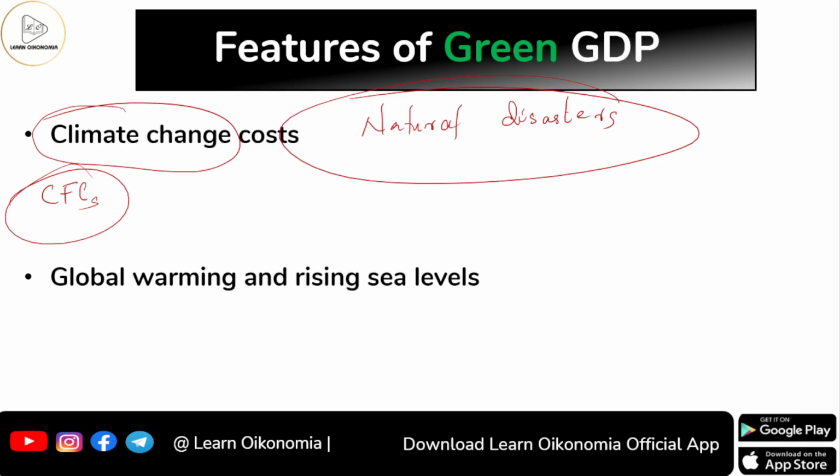Nowadays CFC-free refrigerators and air conditioners are available, but still many people are using their old CFC-producing electronic appliances. So definitely this will be leading to warming up of the earth's atmosphere. Warming up of the atmosphere means CFC is being released to the atmosphere and it will be leading to global warming. So when global warming happens, definitely it will lead to rising of sea levels.